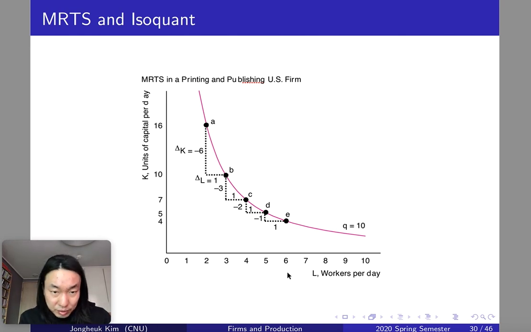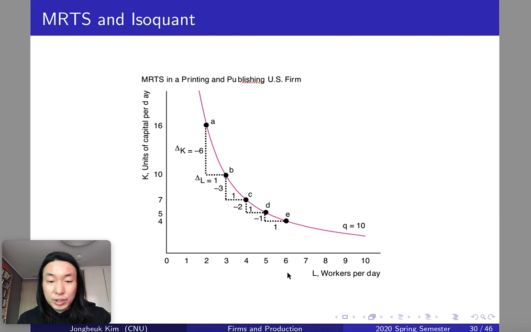For instance, from A to B, your hired labor is increased from 2 to 3. So that is a 50% increase in the total labor input. So it is a huge increase in your hired labor. So if you fix the output at a constant level, then there will be a huge sacrifice in the capital, right? Because the contribution of that additional labor will be huge.